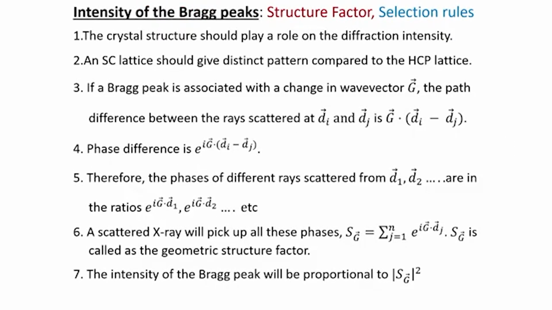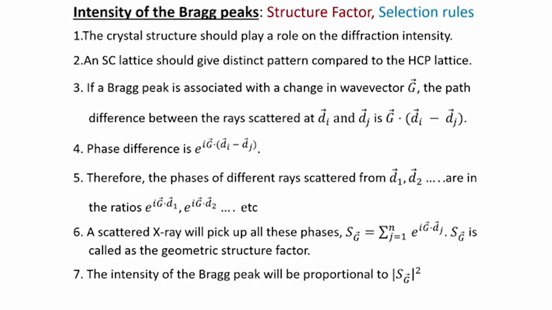Now, we come to the intensity of the Bragg peaks. We talk about the structure factor, we talk about the selection rules, and whether all planes will be there for a given crystal structure, or there are certain planes that are missing, and how do we a priori know which peaks we would not see for a given crystal structure.